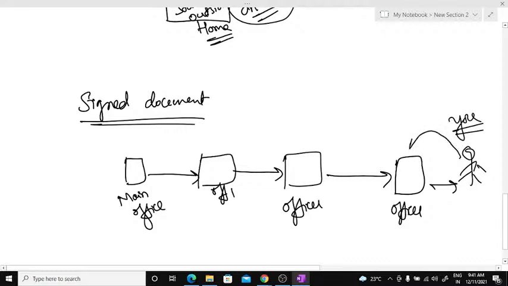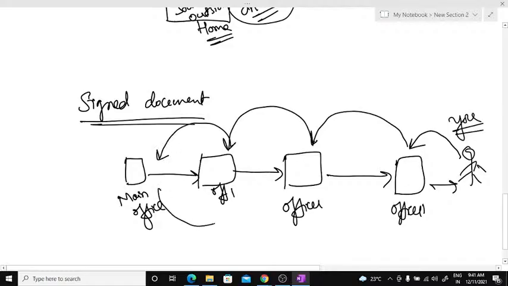You have to write an application and give it to this particular officer. Then he will forward it to the next, and the next, and again it will get signed.